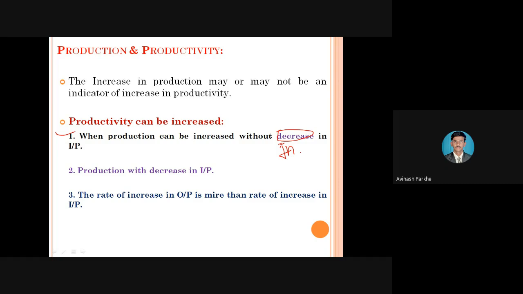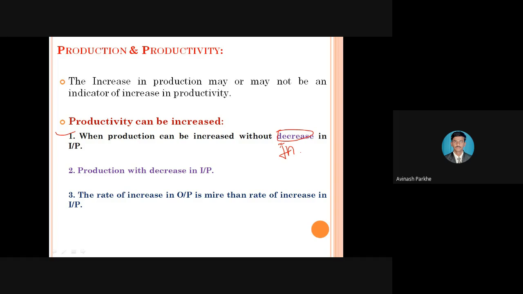The third one is that the rate of increase in output is more than the rate of increase in input. If your output rate is more as compared to the rate of input parameters, then also I can say that your productivity can be increased.